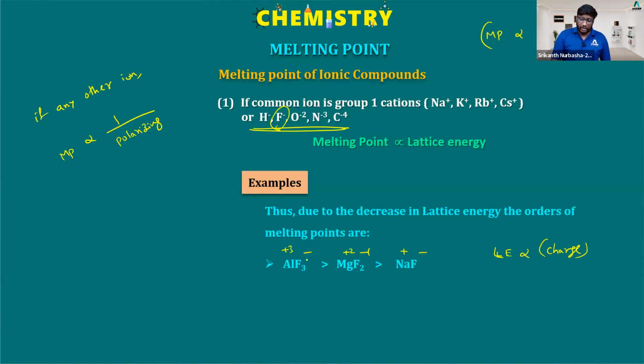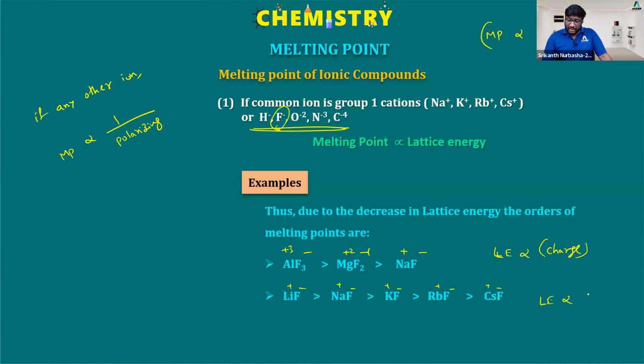So for aluminum fluoride, magnesium fluoride, sodium fluoride, to compare the melting point you have to compare lattice energy. AlF3, because of higher lattice energy, will have higher melting point, then magnesium fluoride, then sodium fluoride. If you go from lithium to cesium fluoride, everywhere we have the same F- ion and the charge is also the same: Li+, Na+, K+, Rb+, Cs+.